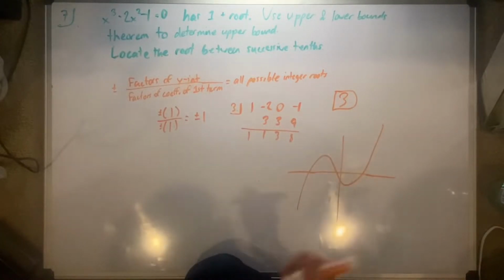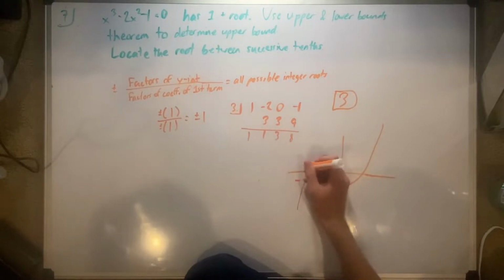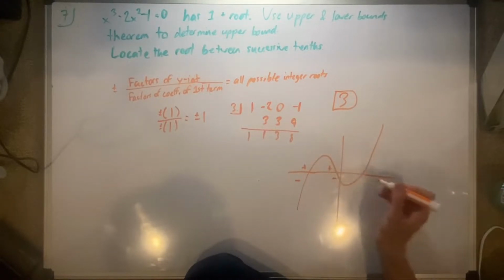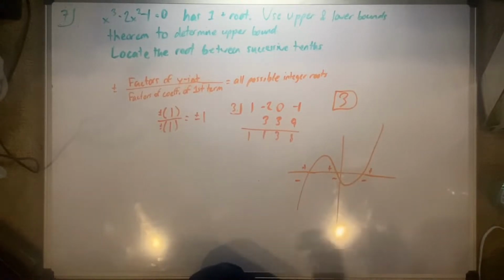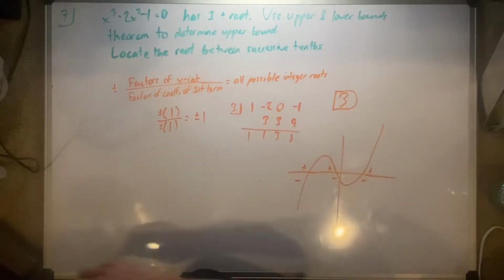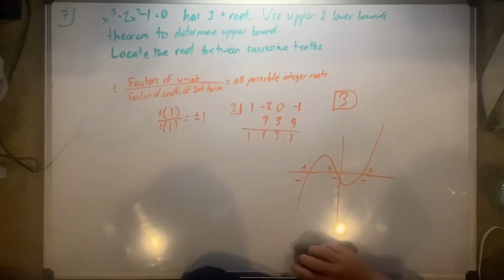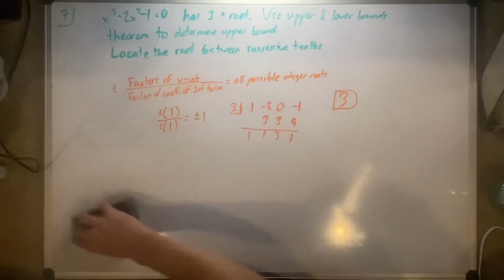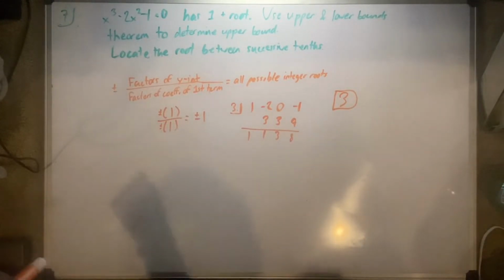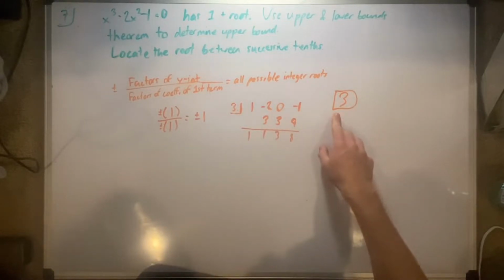At every single root, it will start negative, become positive, start positive, become negative, start negative, become positive. So after and before every root, we will see different signs, whether positive or negative numbers. We can use this little rule about functions to try to solve where the root is between successive tenths.